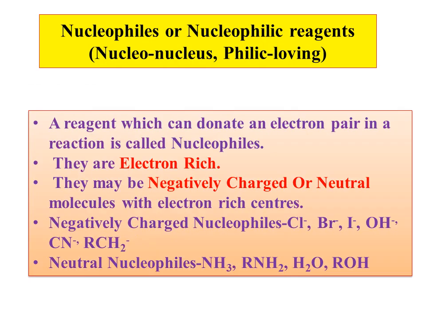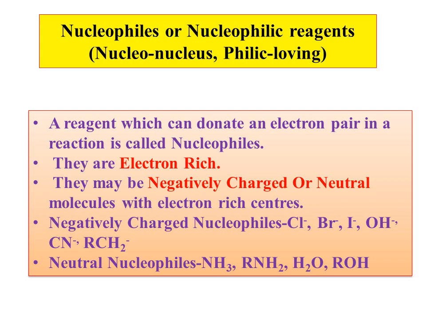Similarly, another class of attacking reagents is called nucleophiles. They are nucleus loving. So they love the nucleus but not the electrons. The reagent which can donate a pair of electrons is called a nucleophile. They are electron rich and they may be negatively charged or neutral. Negatively charged means instantaneously we see they are electron rich.